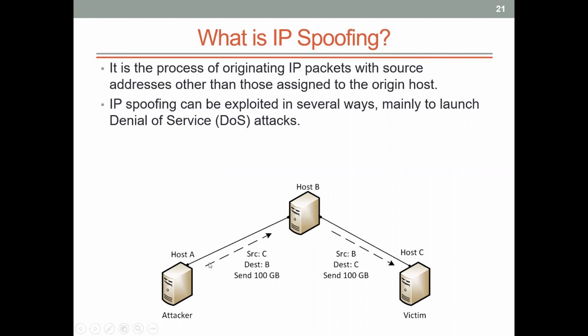Basically, the attacker will spoof the IP address of host C, and it will originate packets having the source of the victim, and the destination can be any host, for example host B. So host B, when it receives the spoofed packet, will reply back to the source, and the source here is spoofed, so it will reply back to host C. This is just a simple scenario where we show one host B as the middle host or amplifier, but if host A is pinging thousands of amplifier hosts, all these hosts are going to ping back to host C, and this is how the denial of service is executed.